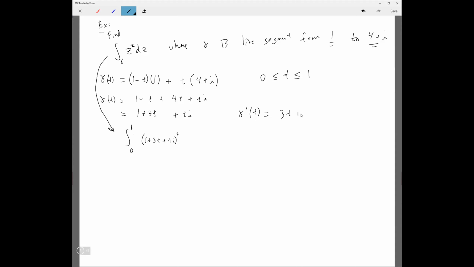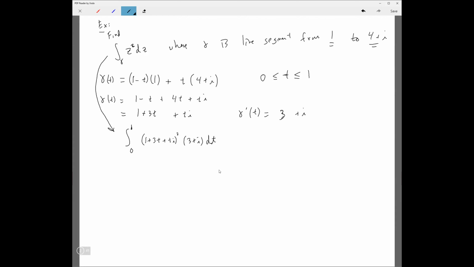No, it's not, it's 3. Okay, so the derivative of this with respect to t is just 3, and the derivative of that is i, so 3 plus i. So you're going to multiply by 3 plus i, and then dt.